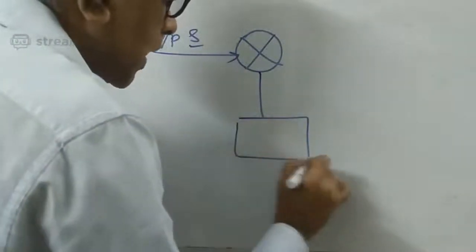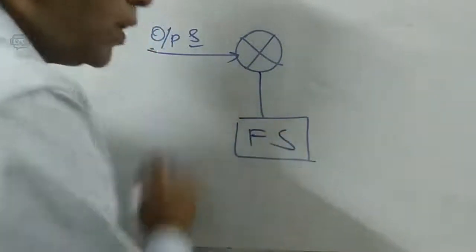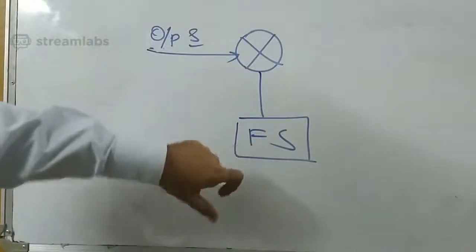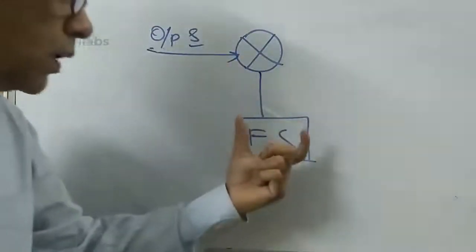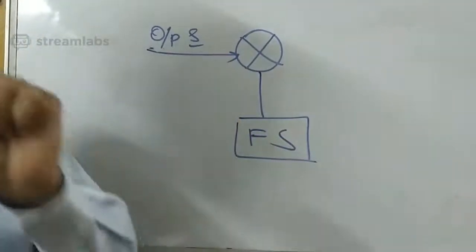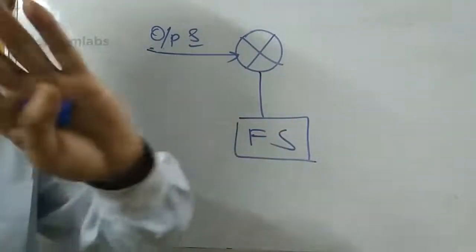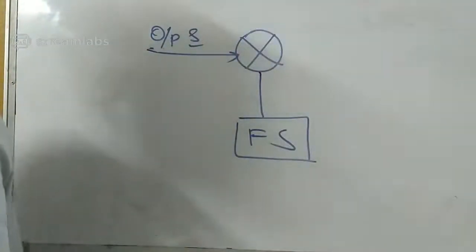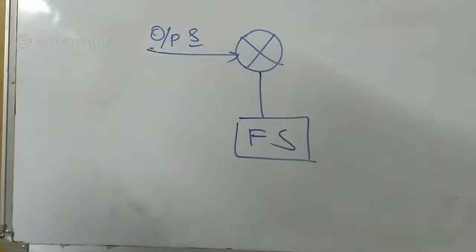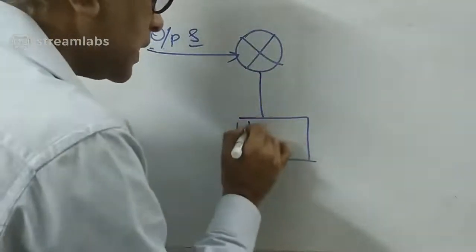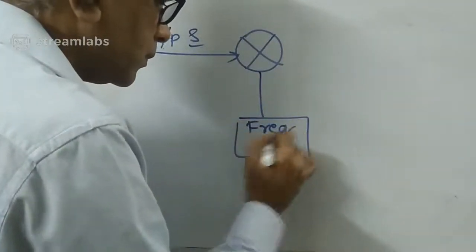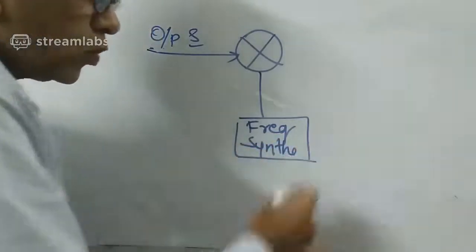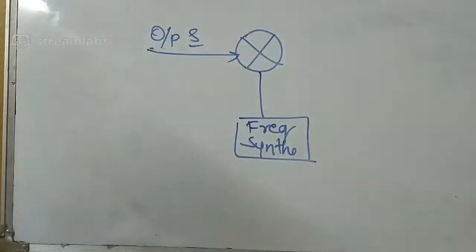Okay, so I am going to have a frequency synthesizer. It is nothing but your oscillator, which is capable of generating multiple oscillating frequencies. That is the reason I am going to call it FS, frequency synthesizer.